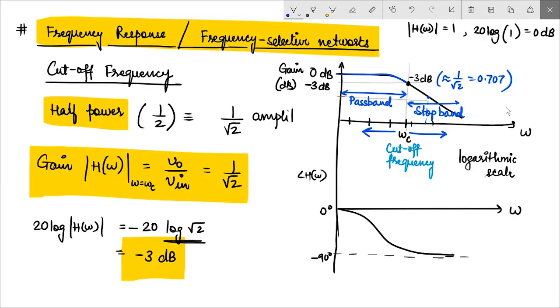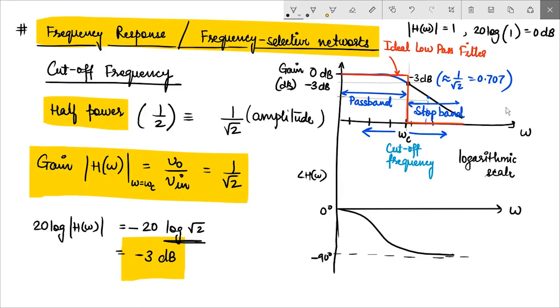Of course, ideally, if we wanted only up to a certain frequency to pass and all frequencies beyond it to be suppressed, we would need a filter whose frequency response looks like this, right? And this is what is an ideal low pass filter.